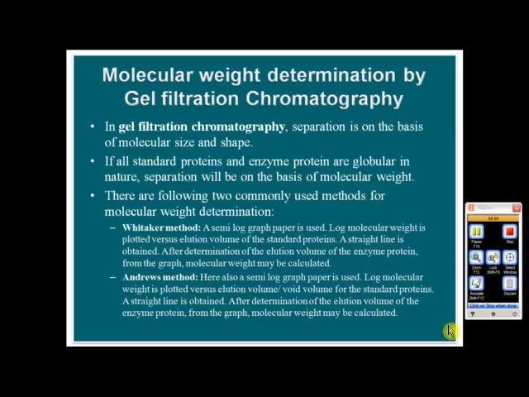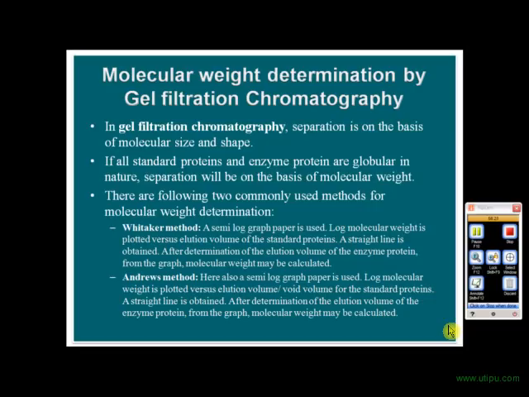And we can also apply gel filtration to determine the molecular weight. How can we use gel filtration? Based on size, the molecules get separated. The bigger molecules elute first, and the smaller molecules elute last.